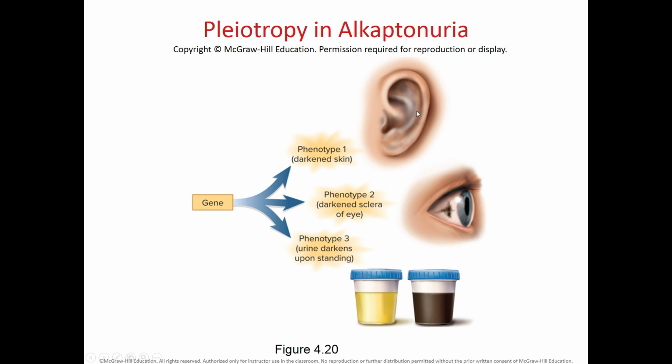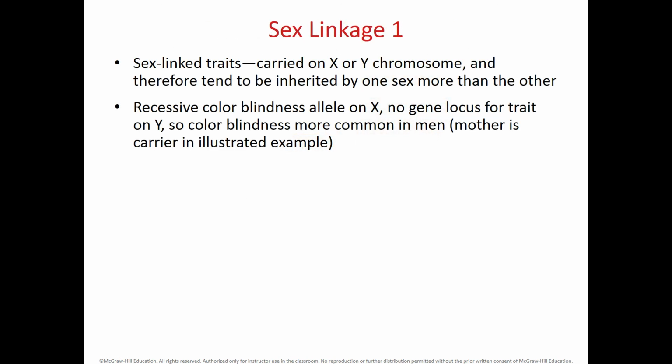So one of the phenotypes will be someone having darkened skin. Another one will be when the person has darkened sclera in the eye, or their urine becomes darkened upon standing, because tyrosine cannot be broken down.